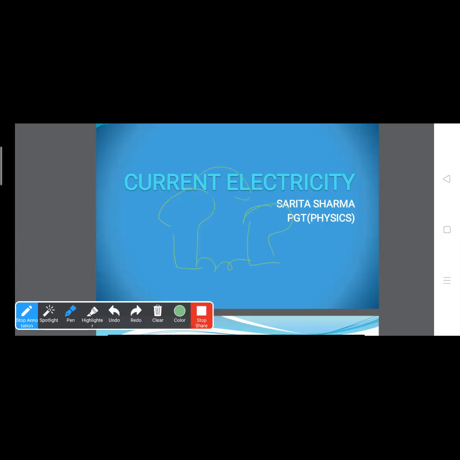As we know, charge flows from higher potential to lower potential, and this flow continues till their electric potentials become equal.